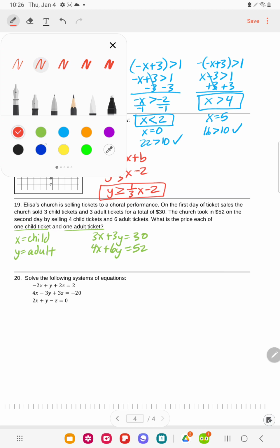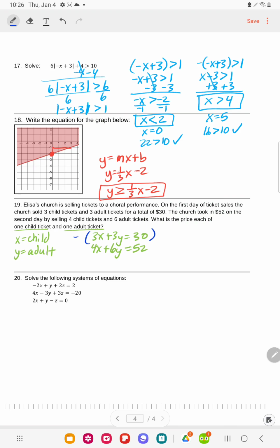So let's multiply the first equation by negative 2 to cancel out the x's. That's going to give us a new equation of negative 6x minus 6y equals negative 60. And our bottom equation is going to still be the same. 4x plus 6y equals 52.